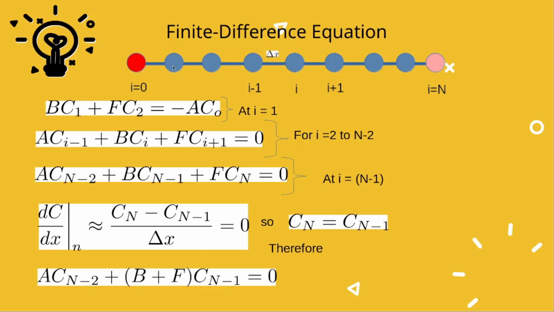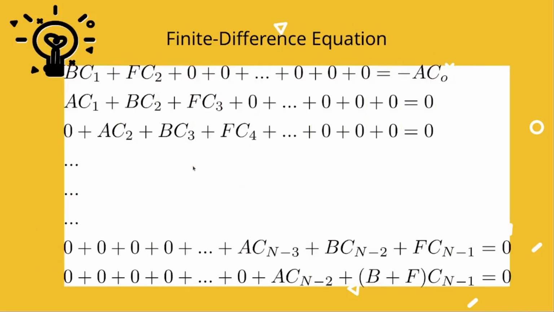So the first unknown, which is i equals 1, and the last unknown, which is i equals n minus 1, have two elements, two terms, because something about this is known, something about this is known, so that gets taken into account. And then the rest of the nodes will have three elements, both the neighbors that are in there.